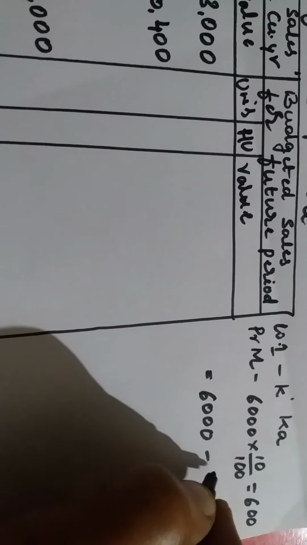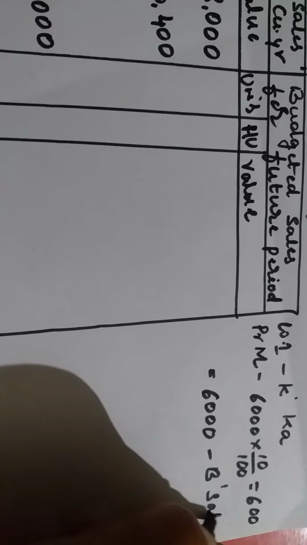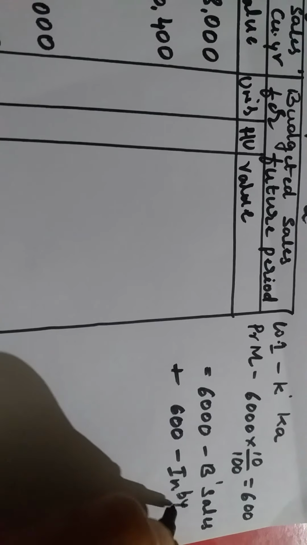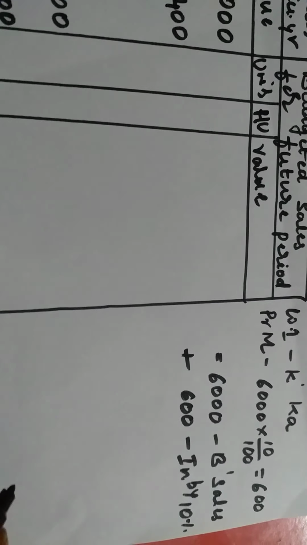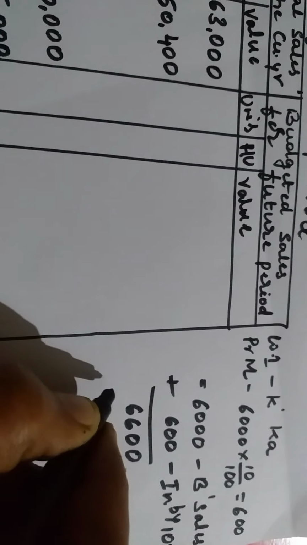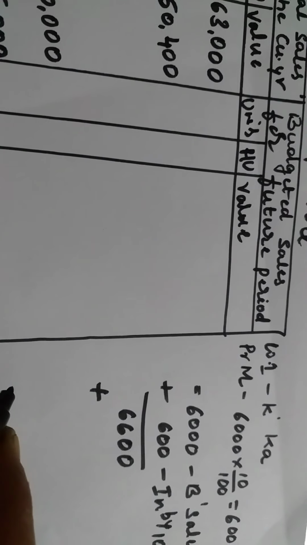So 6,000 plus 600, total 6,600. Again there is an additional increase because of advertisement.